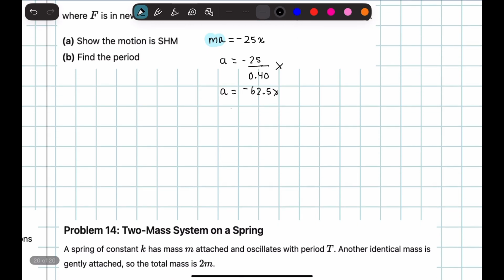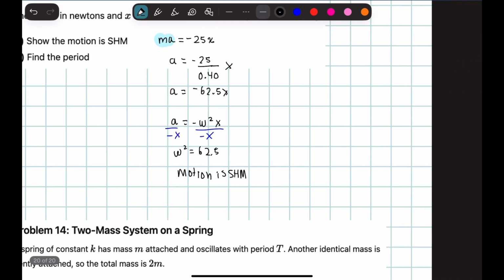We can compare this with a calculated a separate way, which is a is equal to negative omega squared x. Dividing by negative x, omega squared is equal to 62.5. So the motion is simple harmonic motion.